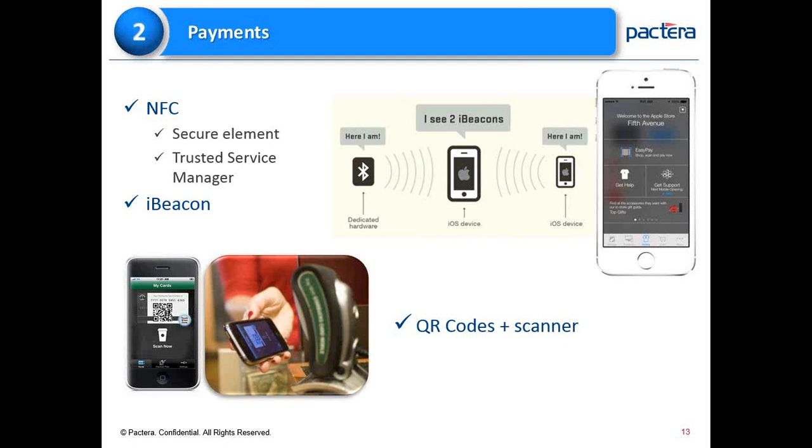The QR codes and scanner are actually how Starbucks implemented their own proprietary payment system. So as shown in the pictures, you can see that your QR code is, in fact, shown on the device and read by a point-of-sale scanner that's tied into the point-of-sale systems of Starbucks. That means that they can take your payment information or your identified loyalty information and then subtract money from your account at Starbucks.